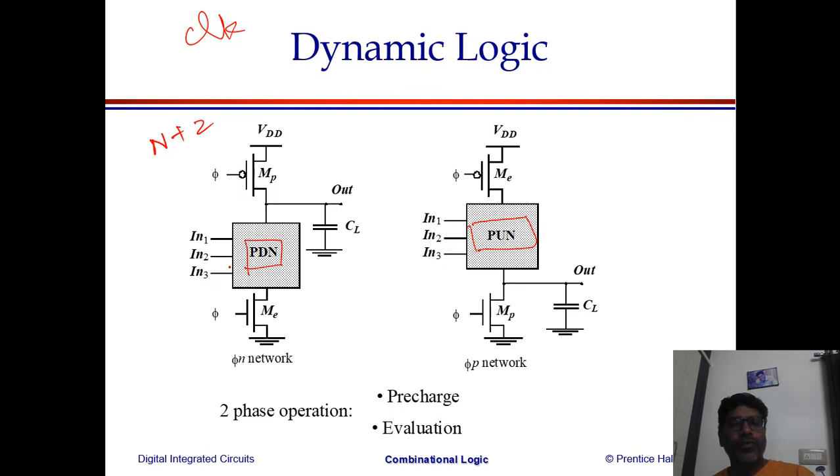If it is a pull down, you will take your output at the top. If pull up, you need to take it at the bottom. So you will construct this with PMOS and NMOS, or this with NMOS and PMOS. Both versions are possible. This is the N network, this is the P network.